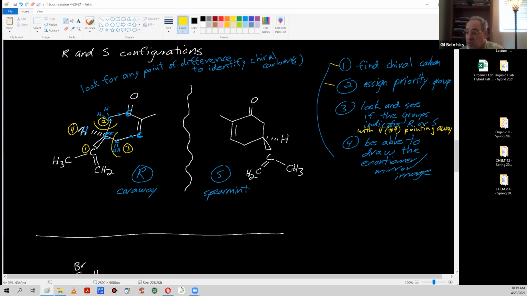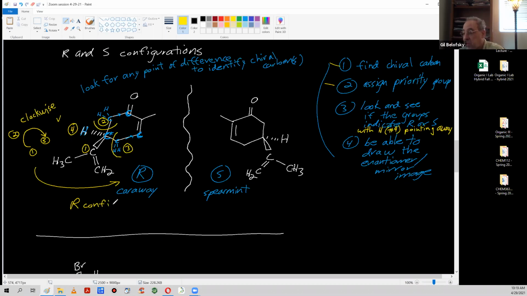So is the hydrogen pointing away from us? Yes. So then as we're looking at it, going from 1 to 2 to 3 is clockwise. And so if it's clockwise, it's R configuration. We would say R configuration.